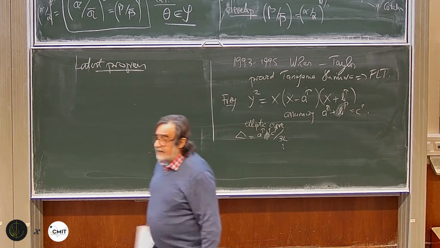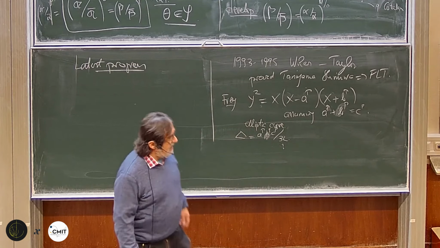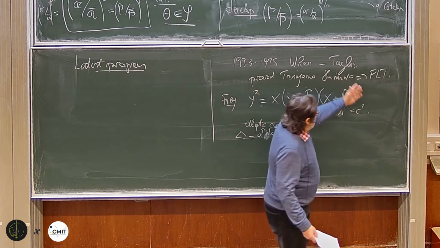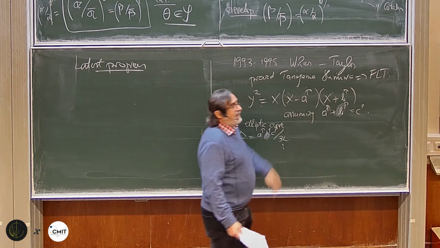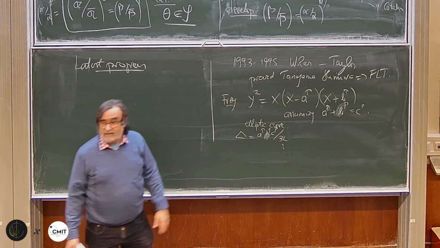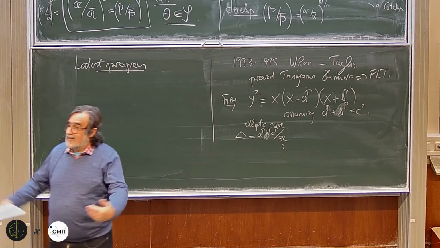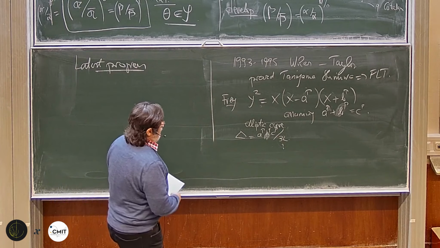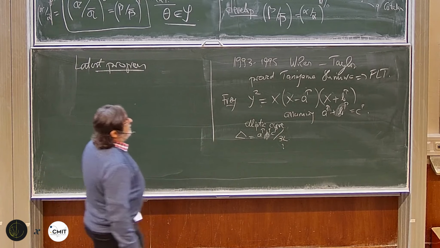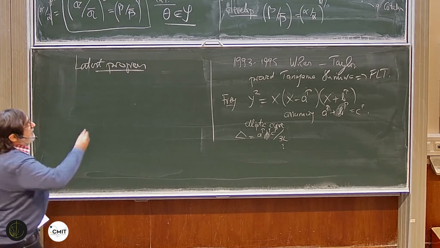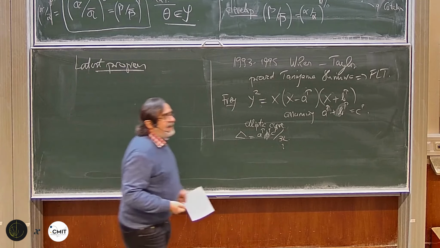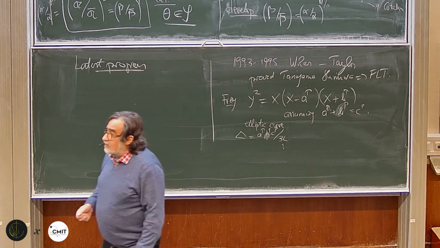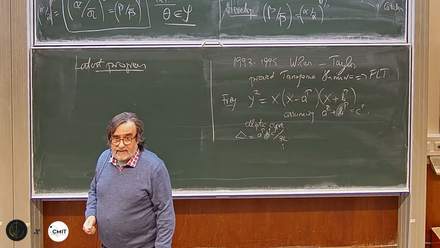So you see, you had a whole theory on elliptic curves, a deep theory, which shows that this curve cannot exist. You can write it down, but it cannot exist because it has arithmetic properties that are contradictory.